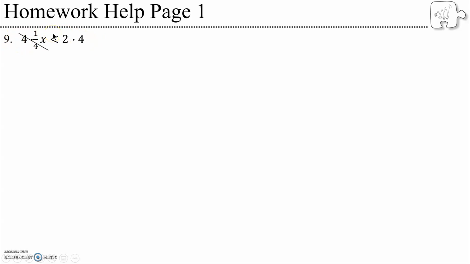The 4 cancels out the 4, 1 times x is x, so we just have x is less than 2 times 4, which is 8. And that's literally all that we have to do for the first problem. So, moving on now, we're going to do problem 10.